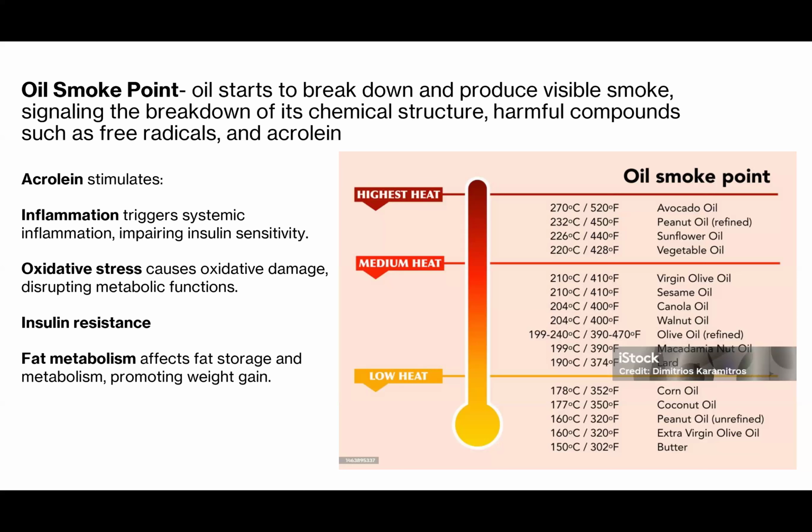They stimulate inflammation, impair insulin sensitivity, increase oxidative stress, and damage cells, mitochondria, and even our genome. So we will eventually have an epigenetic response at the cellular level, and of course it affects our fat metabolism, affects fat storage and metabolism, and promotes weight gain.